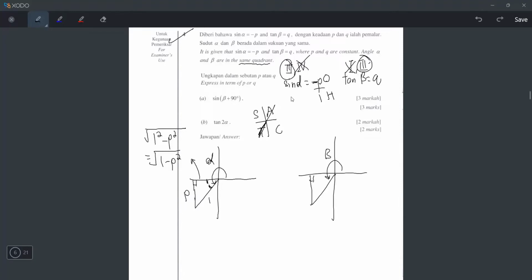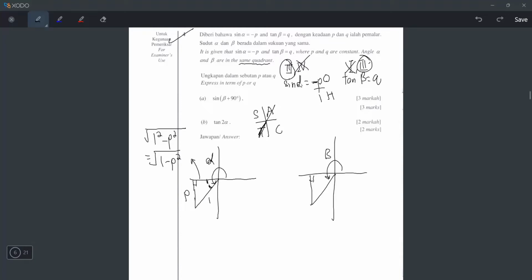That's why sine alpha is negative, but you don't have to write the negative. If you write it, it's okay also, but some students write it in the wrong place, and then the whole thing becomes wrong. So I recommend not writing it at all, and just do it this way.